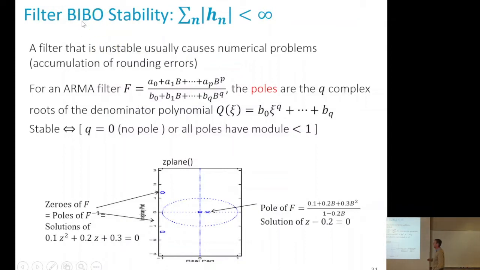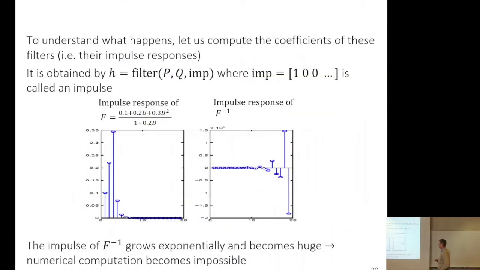A filter is said to be BIBO stable if, whenever the input is bounded, I give you an input vector y, where I know that the absolute value of y is less than some fixed quantity m, all components less than some quantity m, whatever the length of y, then the output will also be bounded by some quantity.